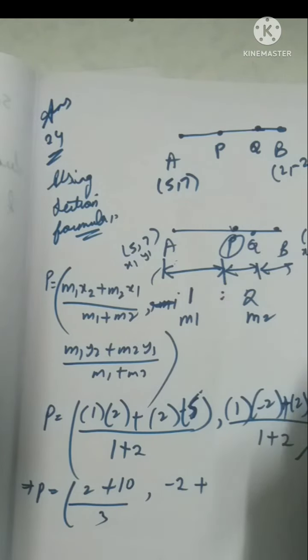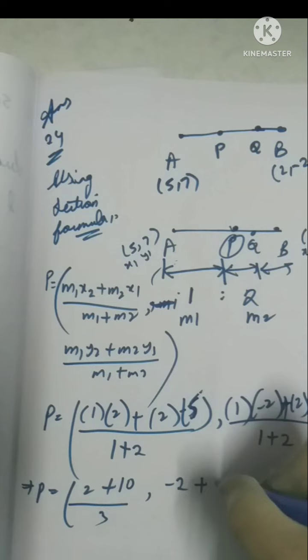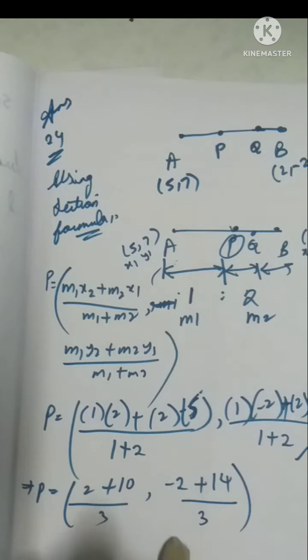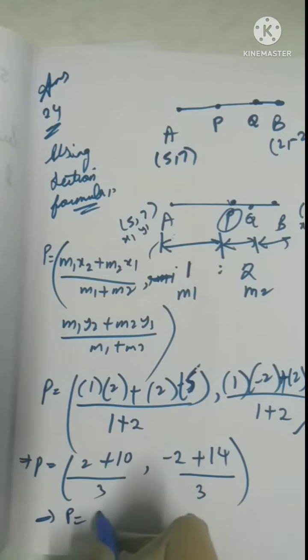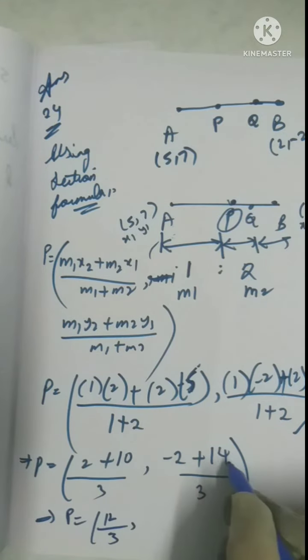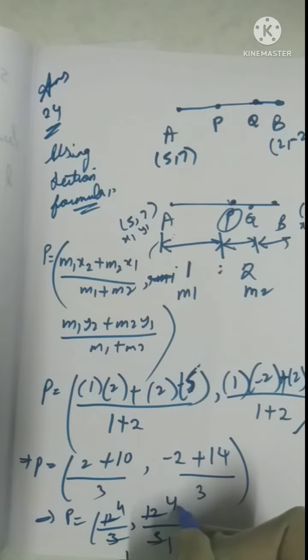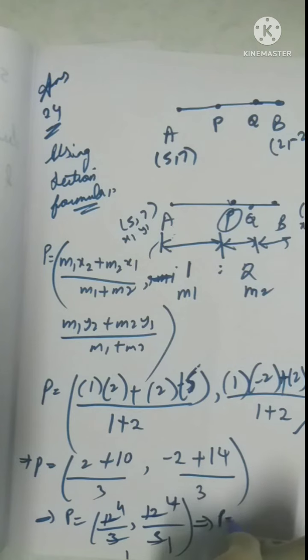Here y1 is 7, it's correct. -2 plus 7 twos are 14, by 2 plus 1 is 3. So we have P is equal to 10 plus 2 is 12, 12 by 3, comma 14 minus 2 is 12, 12 by 3. 3 ones are 3, 3 fours are 12. We have the coordinates of point P are (4, 4).